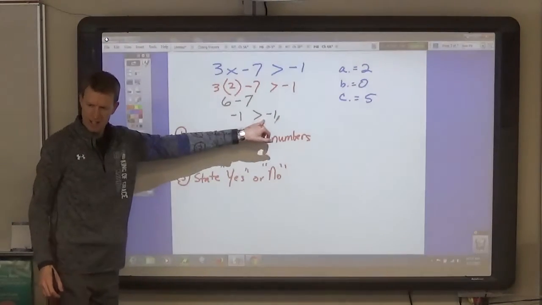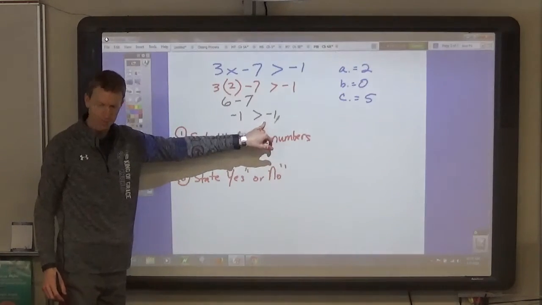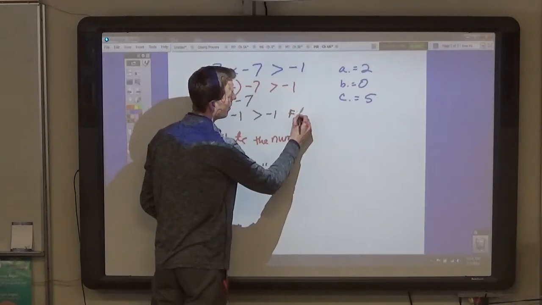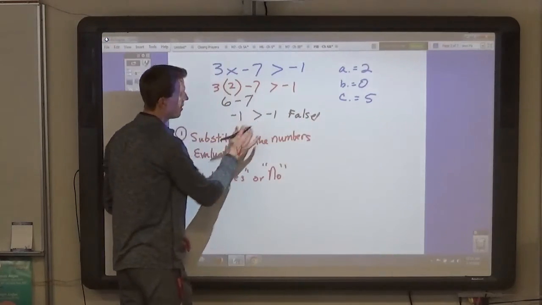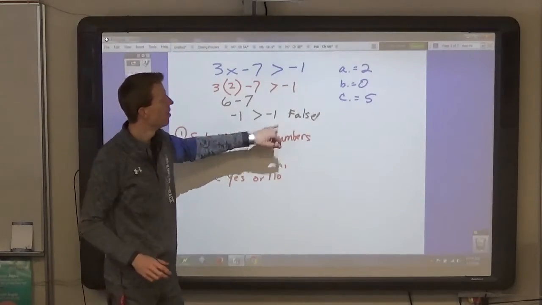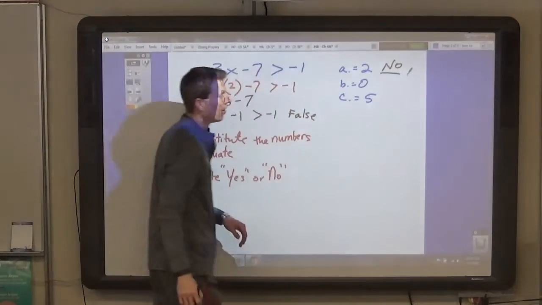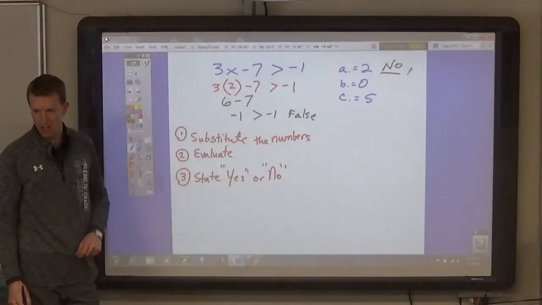Does that make a true statement or a false statement? False. Yeah. This is false. -1 is not greater than -1. -1 is equal to -1. So in this case, we would write no. 2 is not a solution, is it?